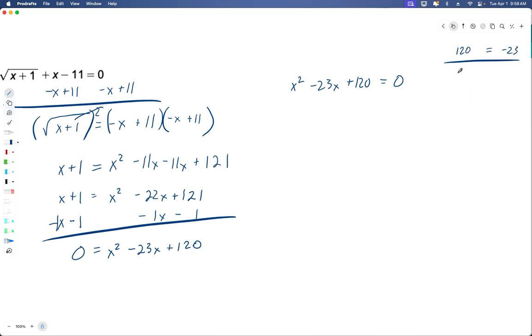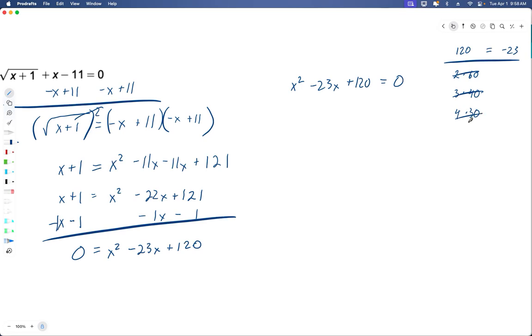So let's see, there's 2 times 60. That's not going to do it. There's 3 times 40. That's not going to do it. There's 4 times 30. That's not going to do it because then my answer would be 26.